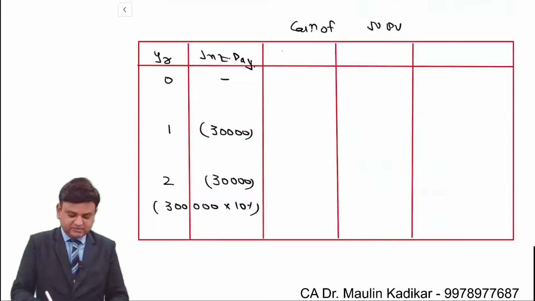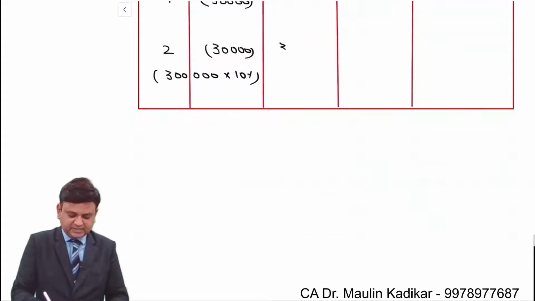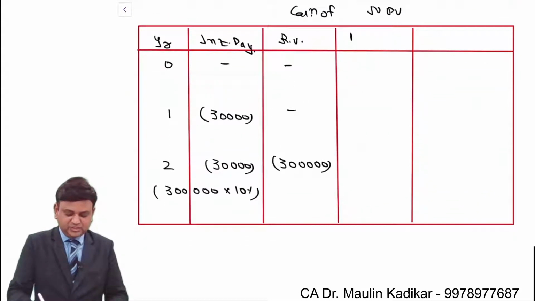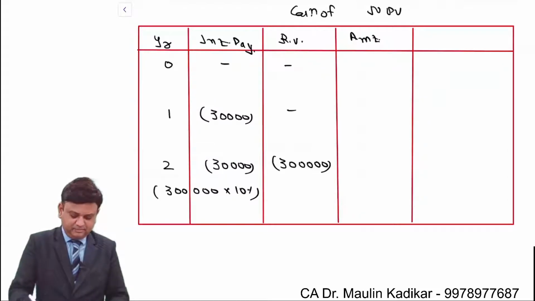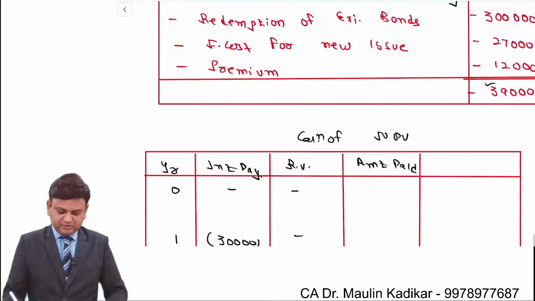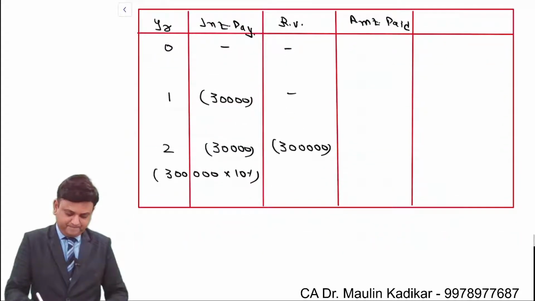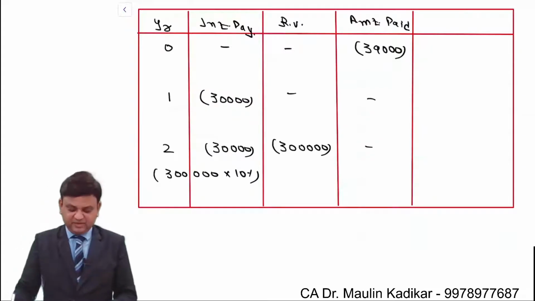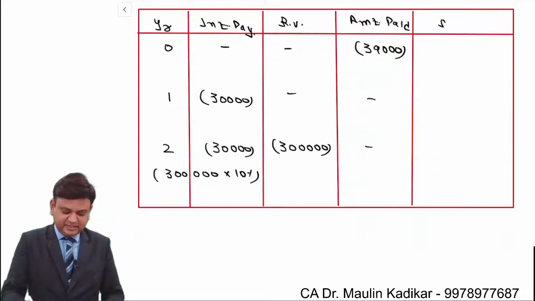Second year end redemption value, that is an amount of 3 lakhs at the end of the second year. Then amount paid in year 0, that is an amount of 39,000. That's it. This is the way we are required to make the computation of net cash flow.